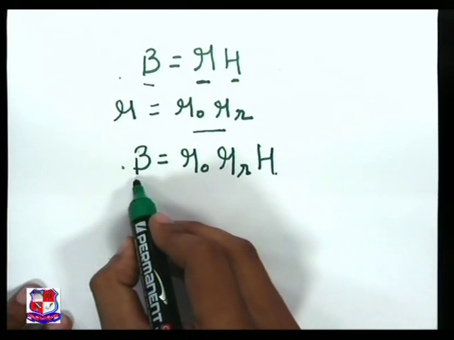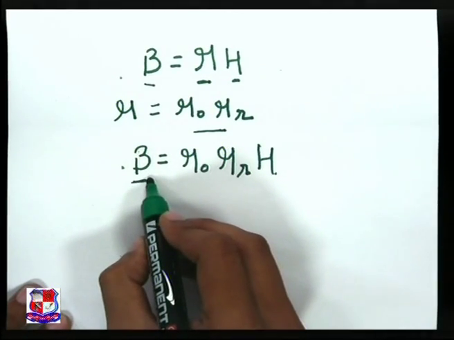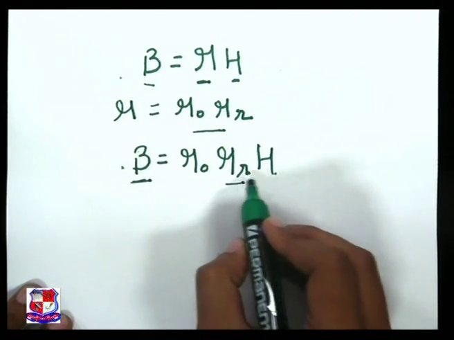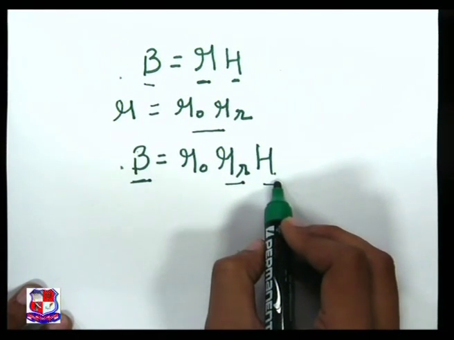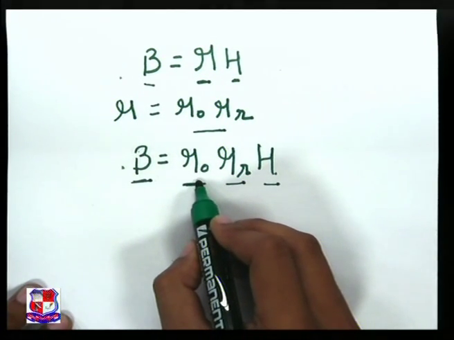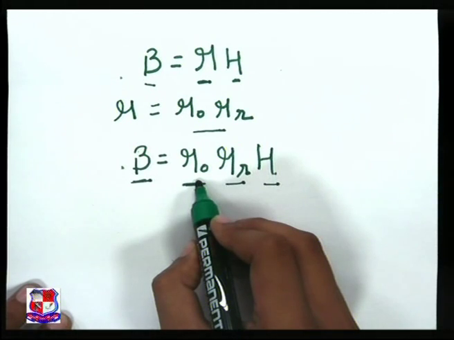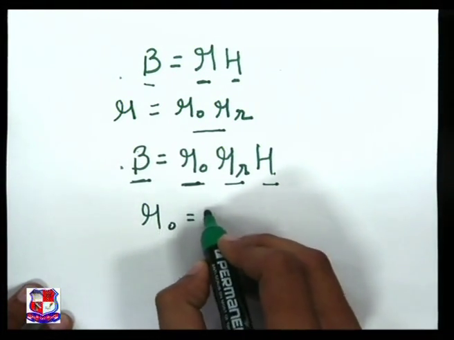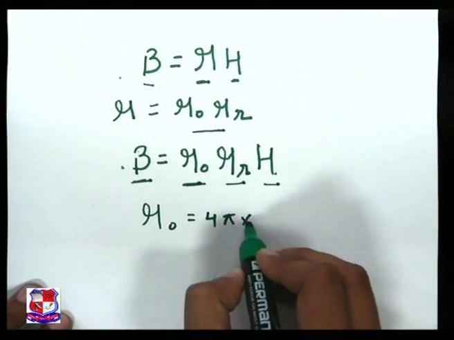Through this we can calculate the value of B. My dear friends, the value of mu r is given to us, the value of H is given to us, and we have to substitute the value of mu 0, the permeability for free space, which is 4 pi into 10 raised to minus 7.